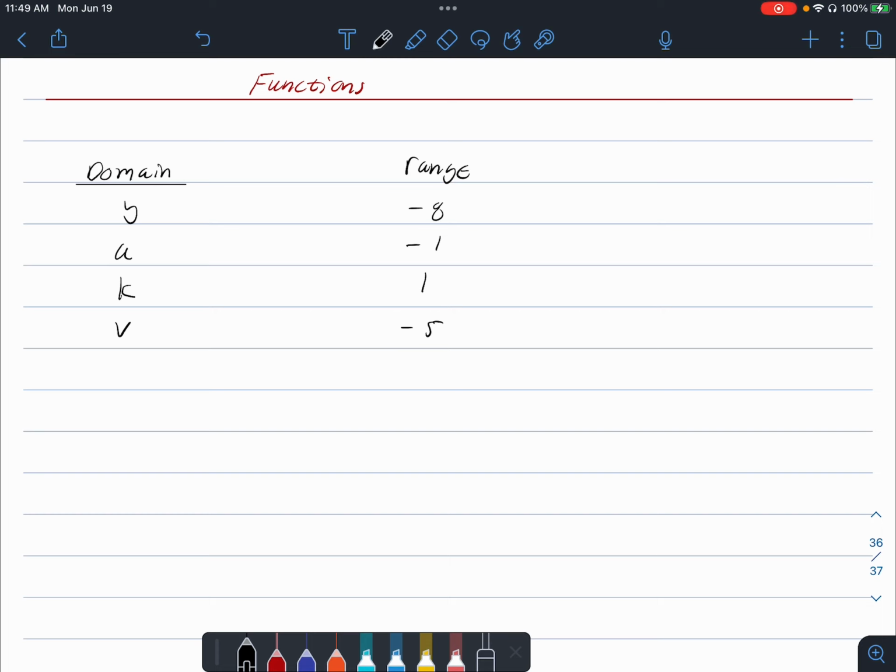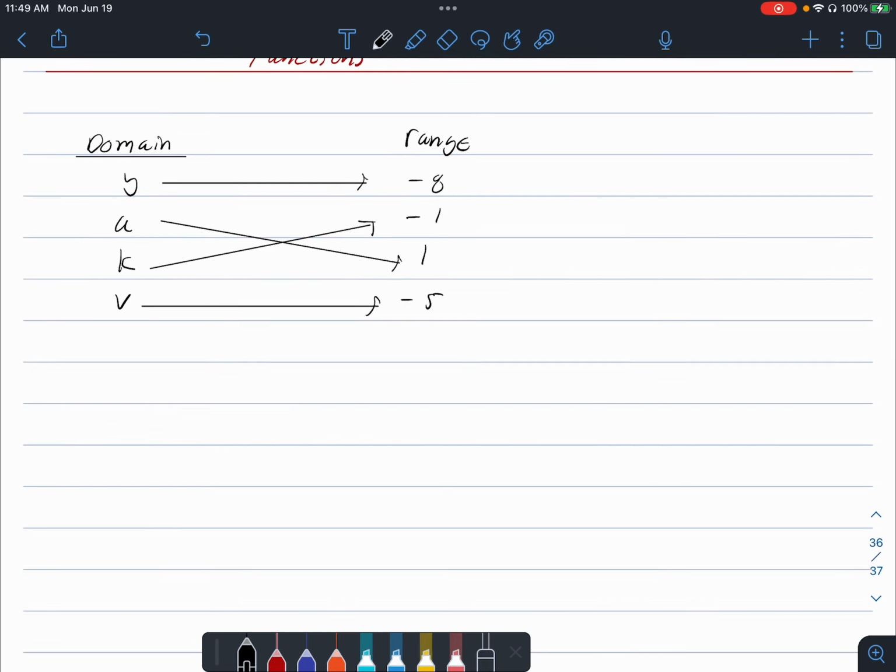Here y is getting mapped to -8, a is getting mapped to 1, k is being mapped to -1, and v is being mapped to -5. Is this a function? Well, each value here can only be mapped to one value in the range. So in this example, yes, this is a function.